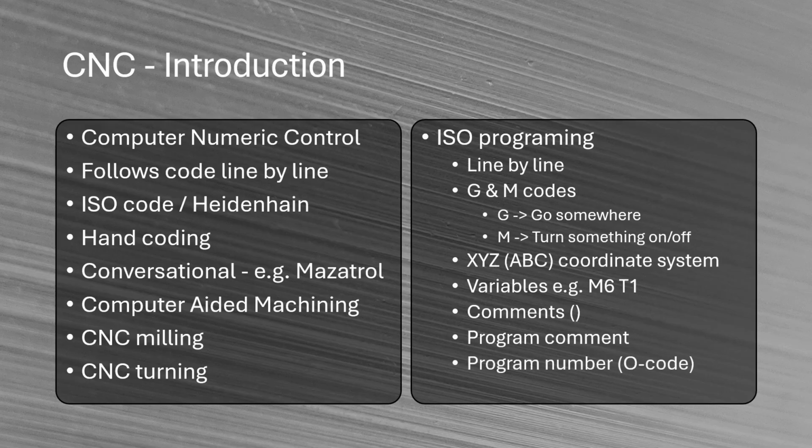The program number at the top of all programs, there needs to be an O code, and that's basically the identification of that program. For old school machines, you always need an O code. It can be more, but most commonly 4 numbers.